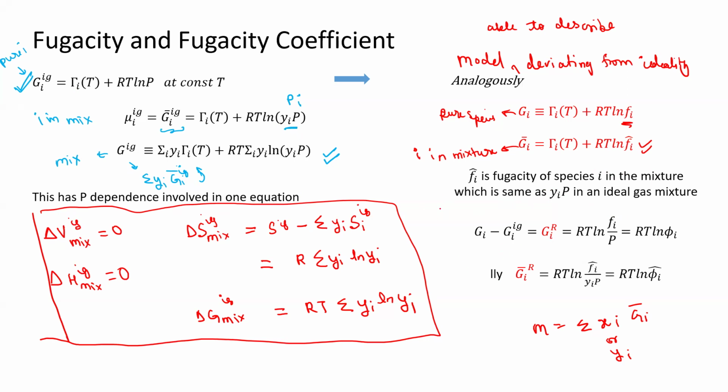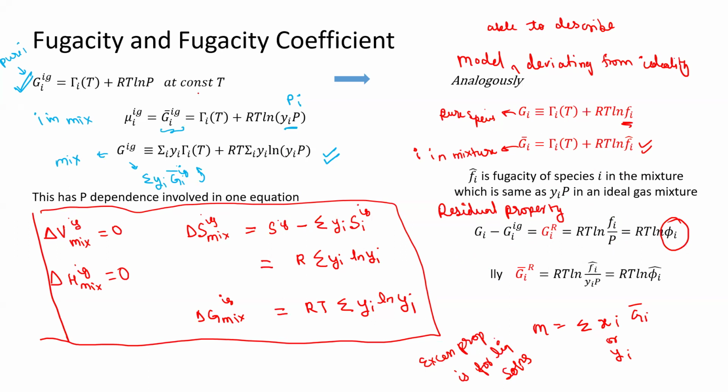Now I define residual property. This residual property is defined for gases, whereas excess property is defined for liquid solutions. Okay, so G_i minus G_i^ig, G_i^R, is defined as RT ln Fi by P, and here this is phi.